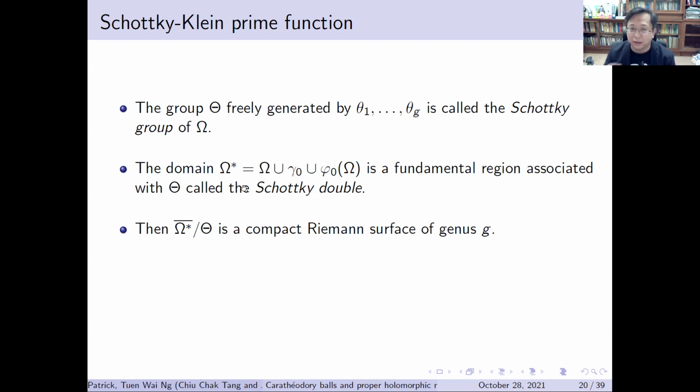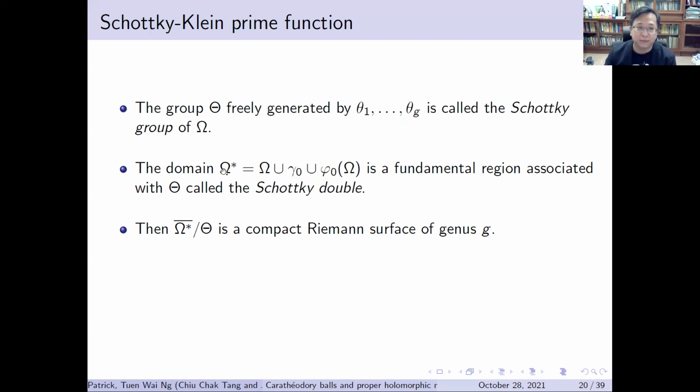Now another notion that I need to talk about is something called the Schottky double. You take this circular domain, and then you look at the image under the reflection across the unit circle. So you get another set here, and you put them together with the boundary unit circle.